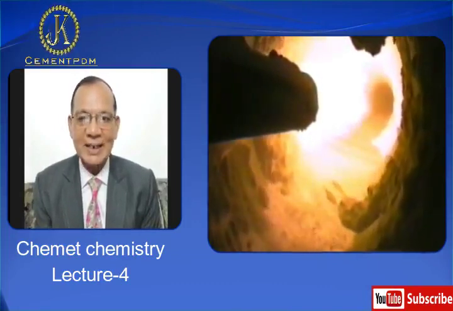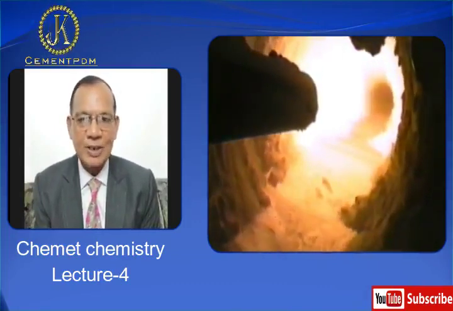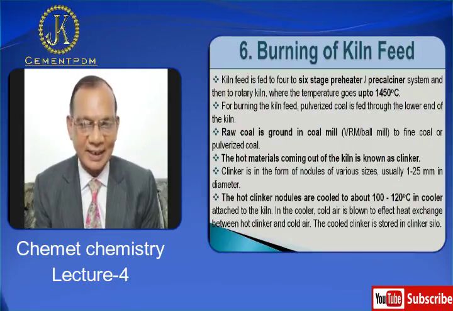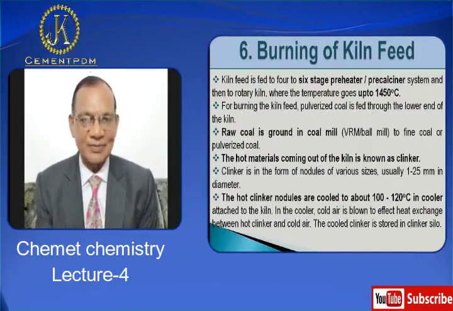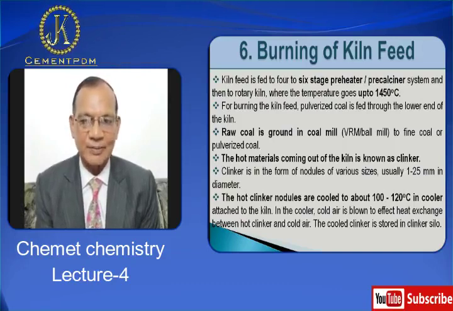For burning the kiln feed, pulverized coal is fed through the lower end of the kiln, and raw coal is ground in coal mill. Coal mill could be either VRM, vertical roller mill, or could be ball mill to fine coal or pulverized coal. The hot material coming out of the kiln is known as clinker. Clinker is in the form of noodles of various sizes, usually ranging from 1 millimeter to 25 millimeter in diameter.